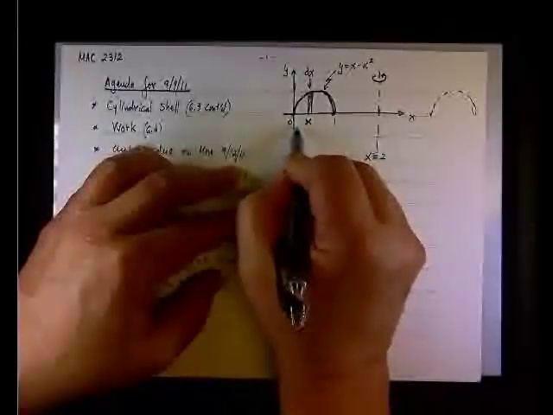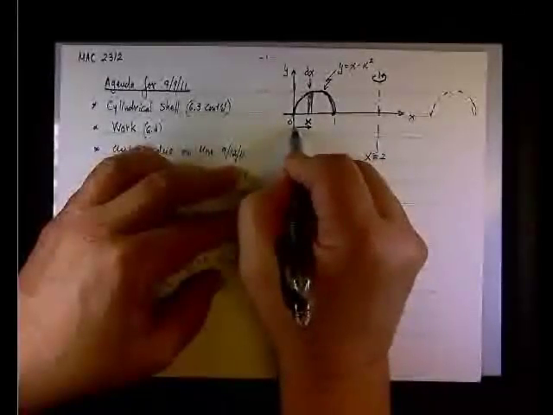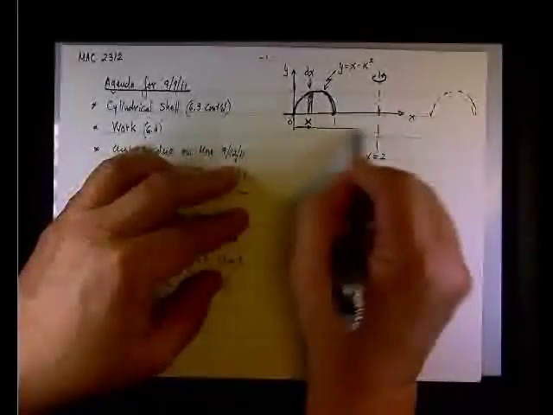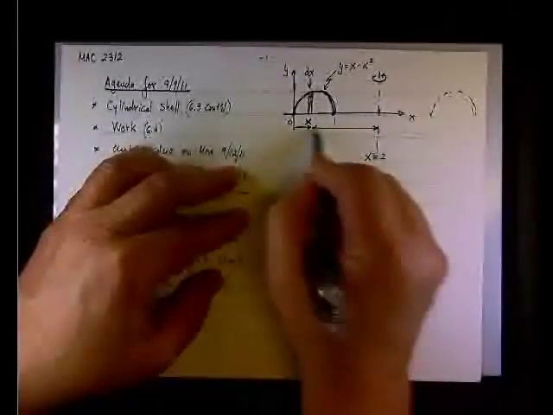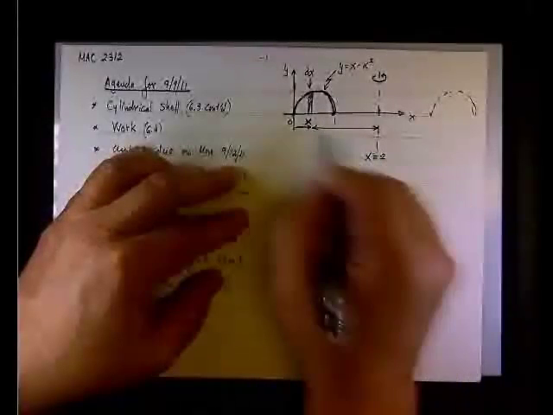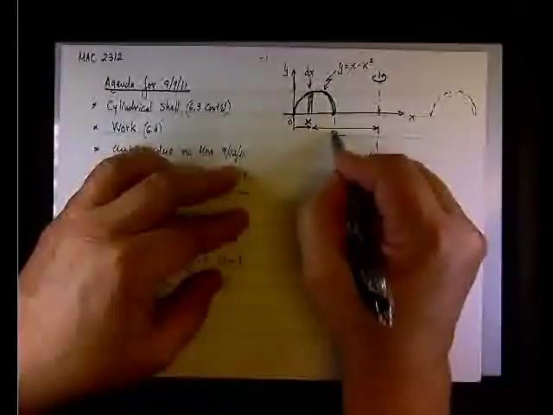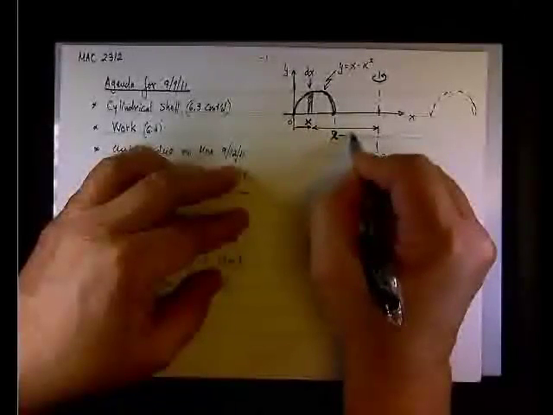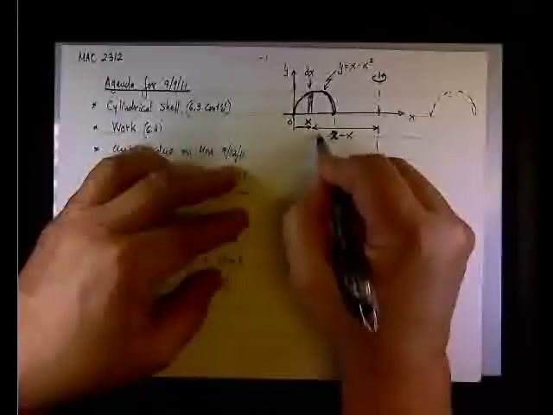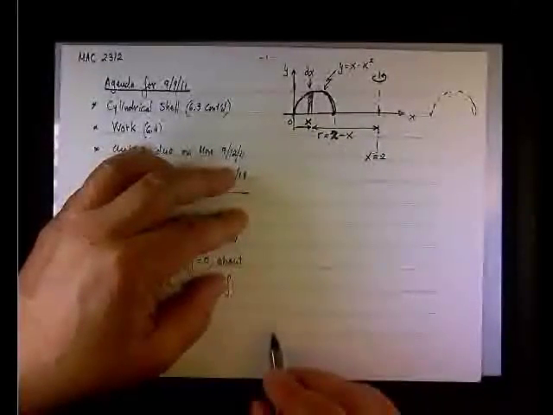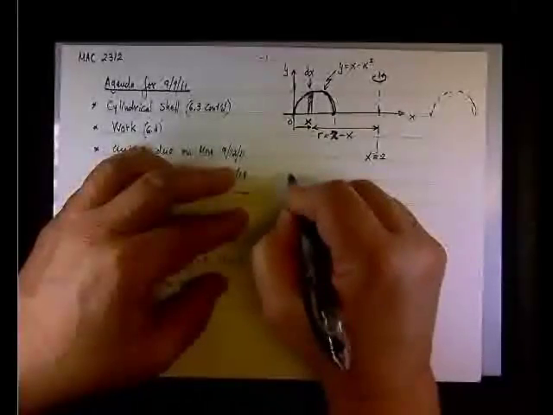Now, what is the radius? If this distance is x, right, the radius of rotation will be this much, right? And this is x equals 2, this is x, and the difference is 2 minus x. So r, the radius of rotation, will be 2 minus x.